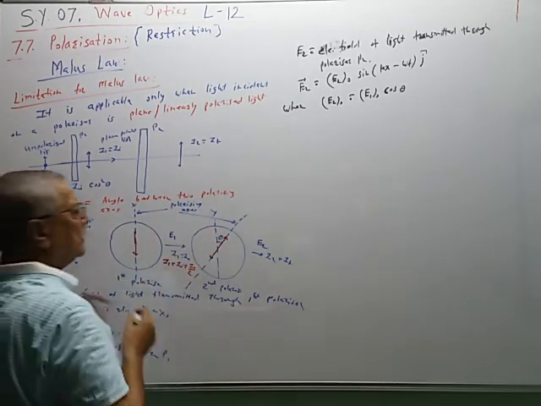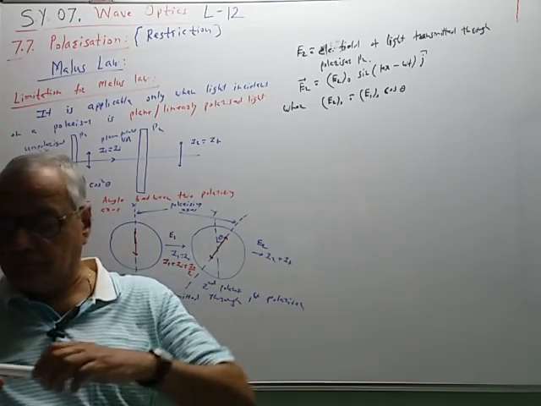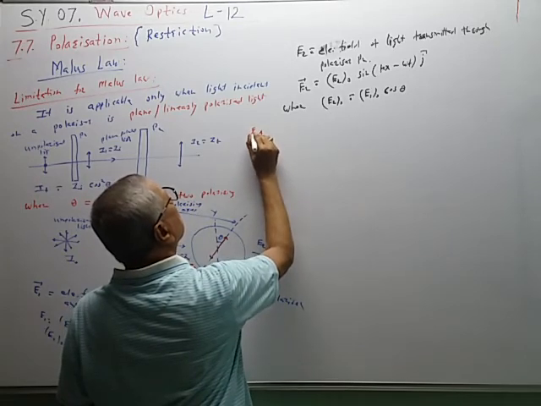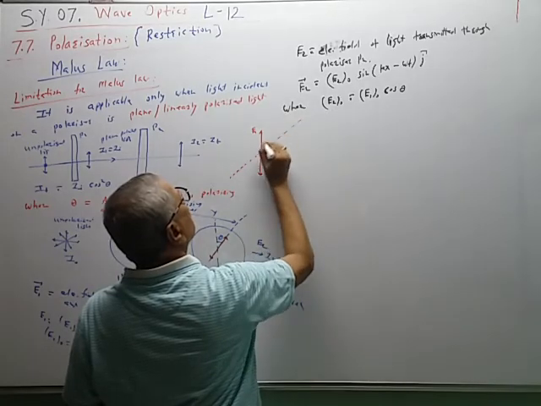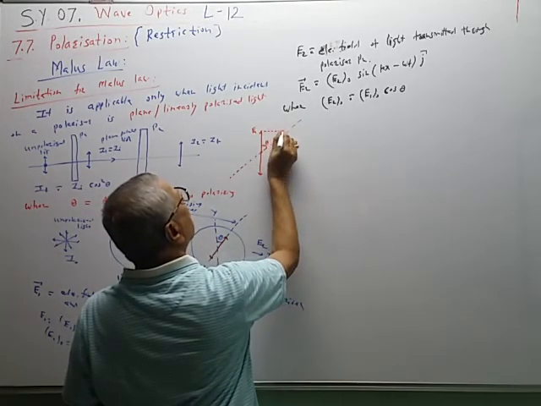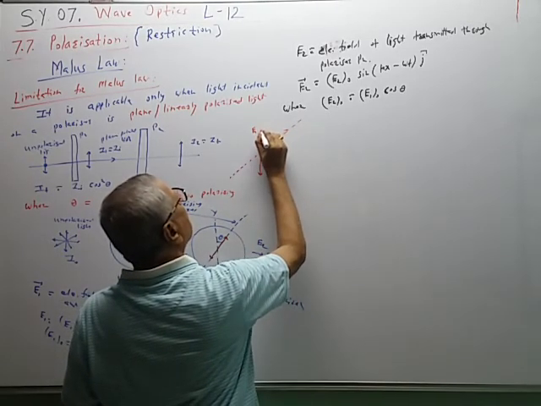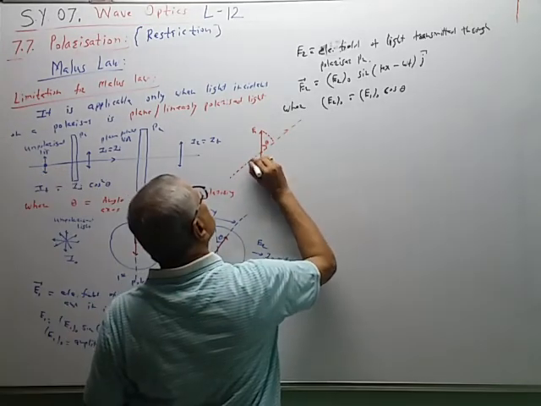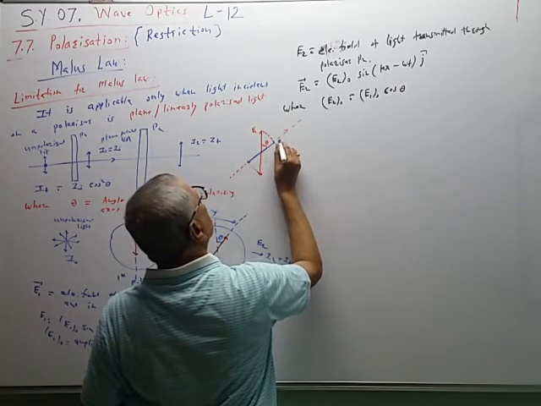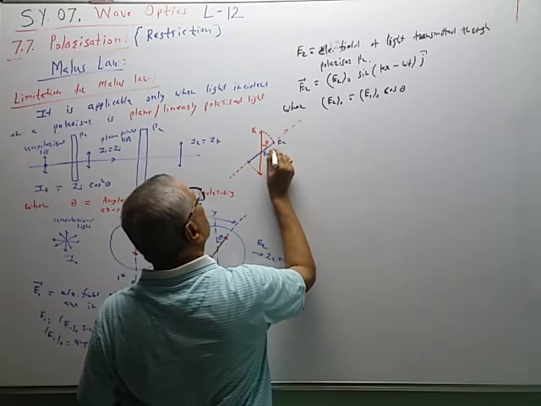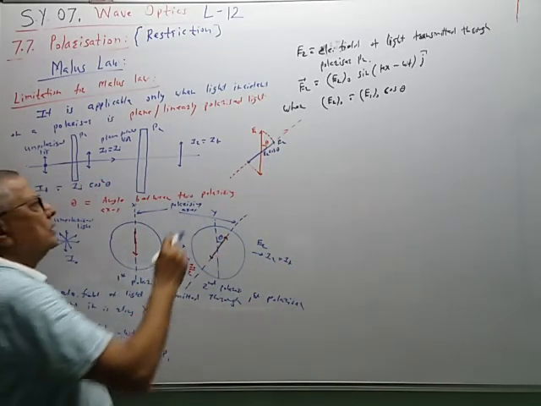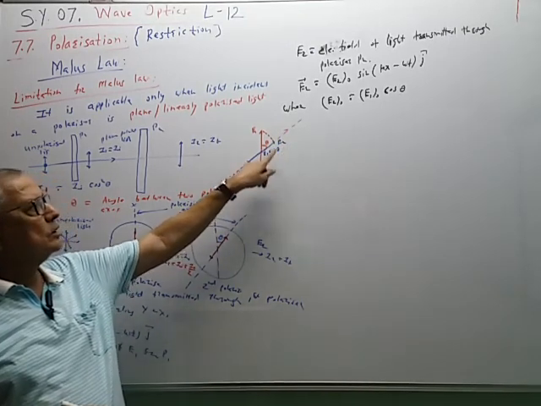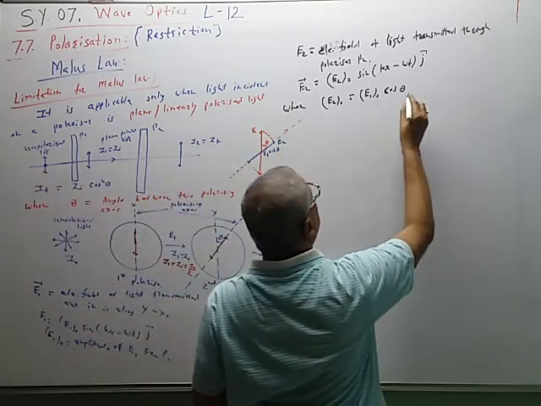If we draw a perpendicular on this axis, so if this is E1, then in the direction making an angle theta, the component we get is E1 cos of theta. So E2 has magnitude E1 cos of theta.